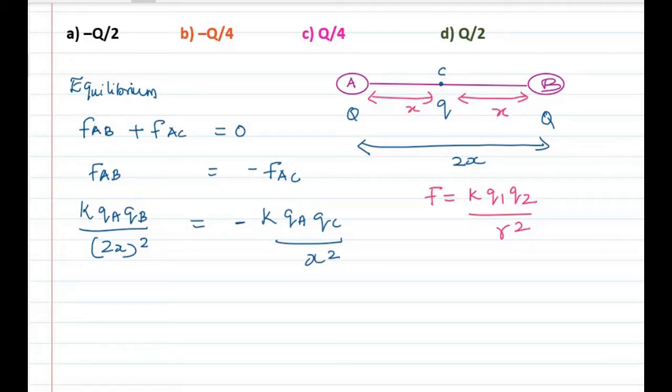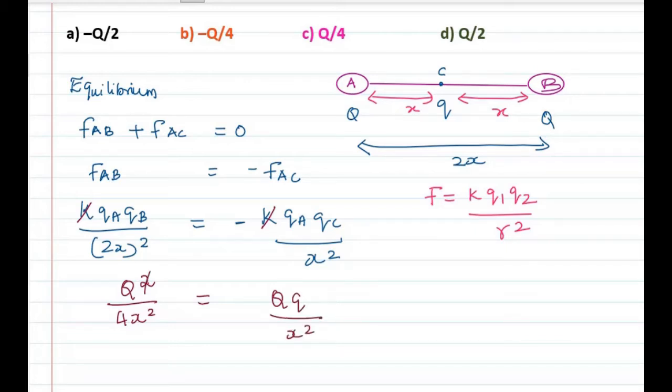So we can cancel out the common terms. K gets cancelled. Now we can substitute the values. QA is Q and QB is also Q. So Q into Q gives Q square divided by 4x square, which is equal to, the charge at A is Q and the charge at C is small q, divided by x square.